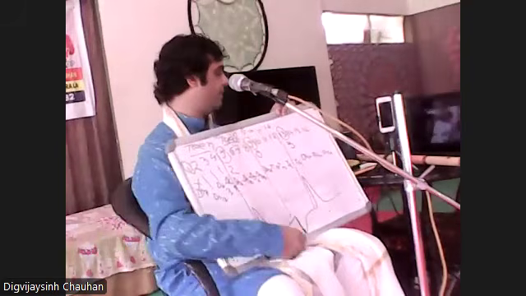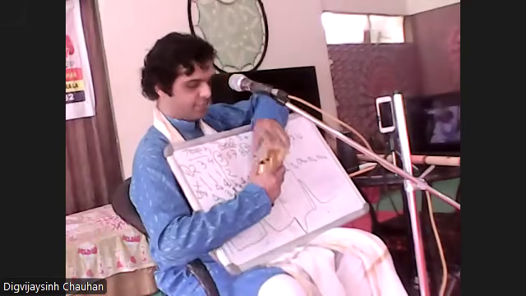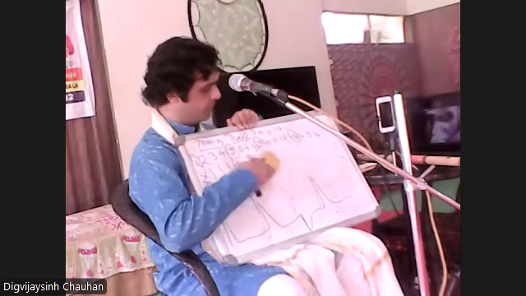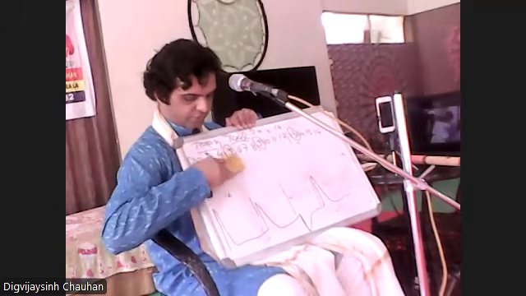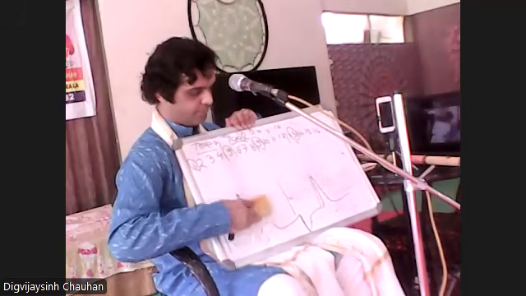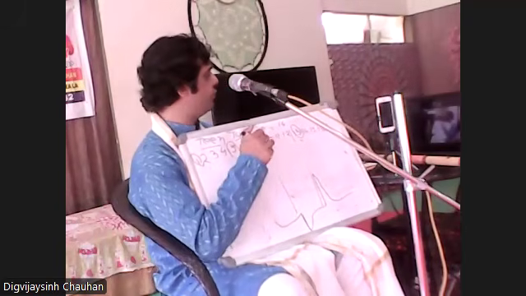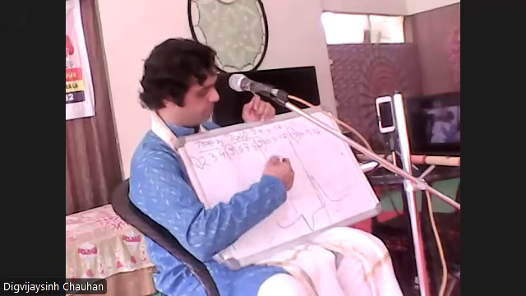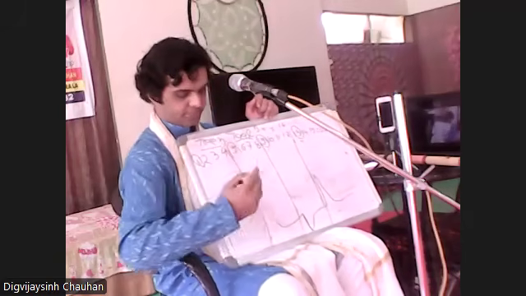Sum, S-A-M, sum of the tal. What does it mean? In this structure of the tal, now I remove this bol of them. The note which was carrying the maximum weightage in your phrase should be on the beat number 1. Yeah, sum is the beat number 1.